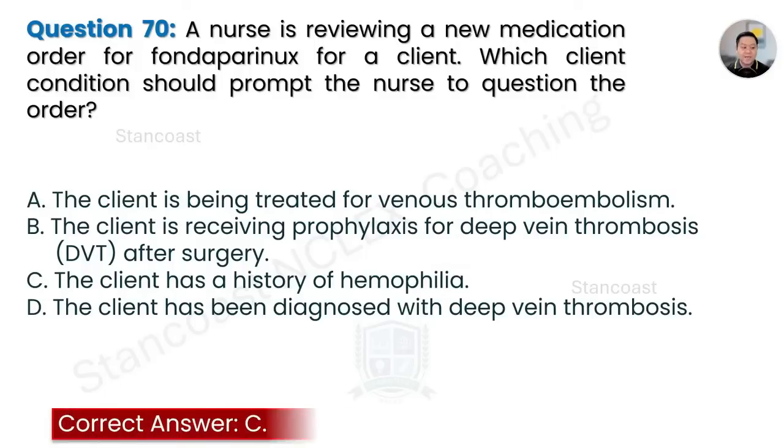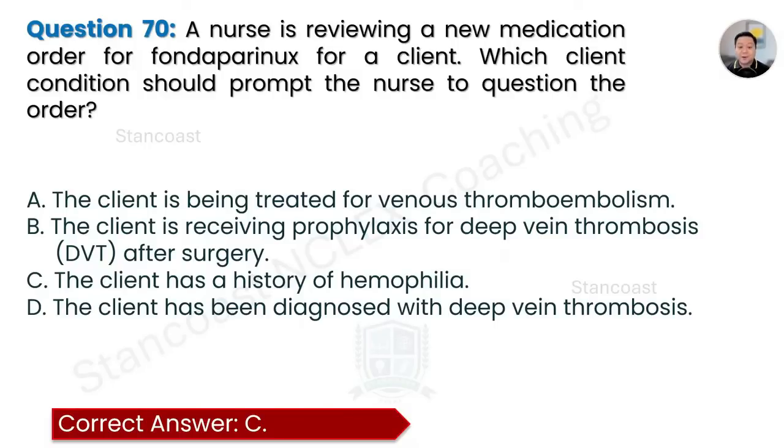The answer is letter C, because this drug is an anticoagulant that increases the risk of bleeding and is contraindicated in clients with bleeding disorders like hemophilia. And so administering it in such cases can significantly increase the bleeding risk and would lead to severe life-threatening complications.